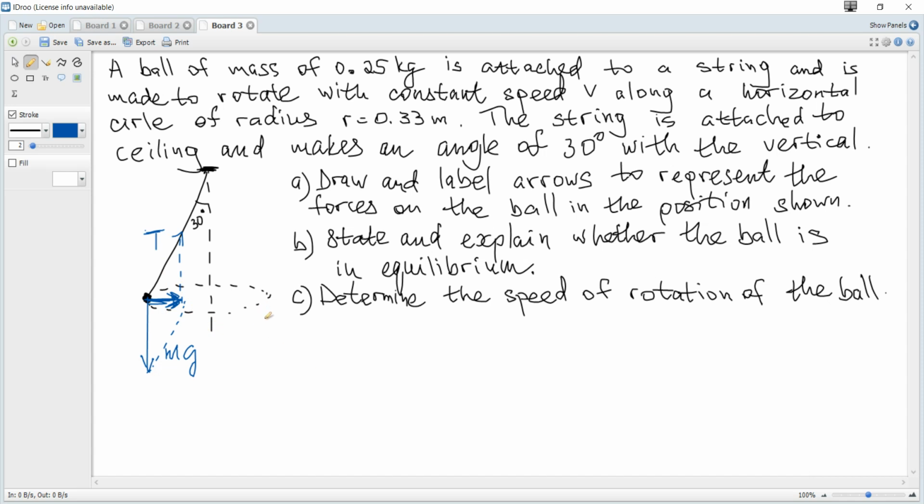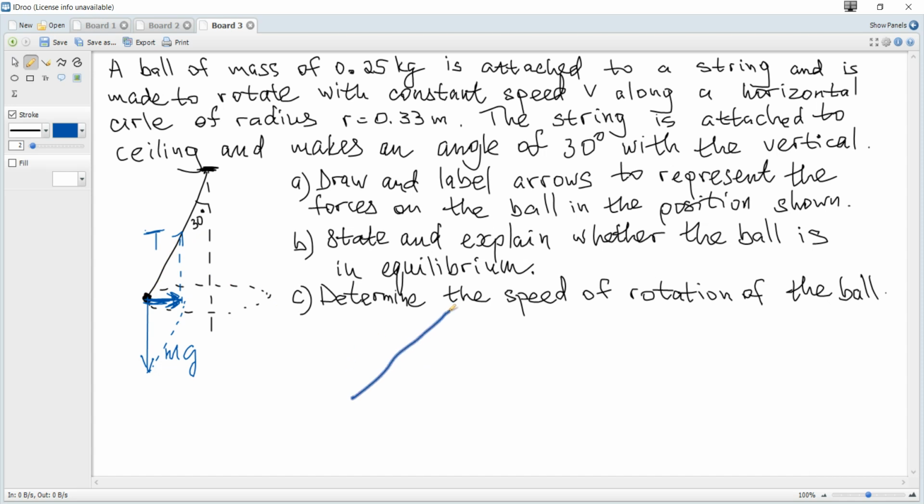And we know that if it is moving in a circular path, the resultant force is always to the center. And since it's a horizontal circle, the resultant force must be horizontal. And notice that when we draw a force, this length represents the magnitude of the force.